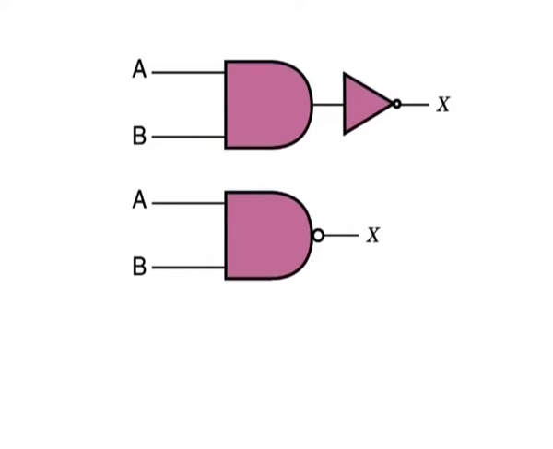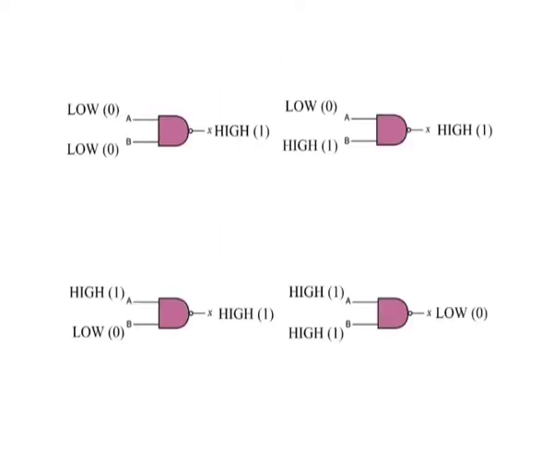A NAND gate produces a low output only when all the inputs are high. When any of the inputs is low, the output will be high. For a specific case of a two input NAND gate, as shown in the figure, with the inputs labeled A and B and the output labeled X, the operation can be stated as follows.